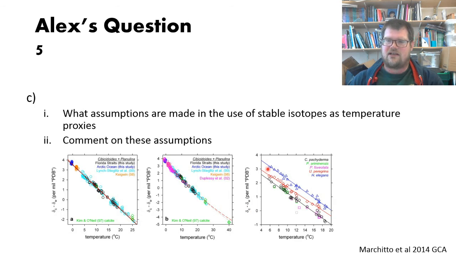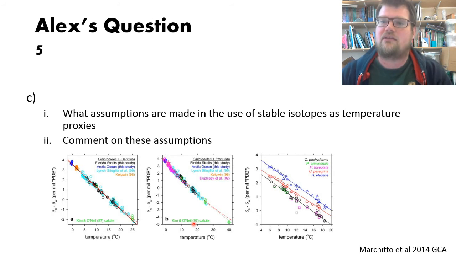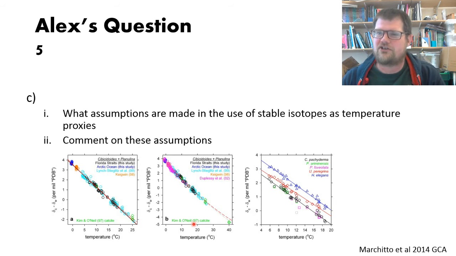And effectively, sometimes we have to do an empirical calibration. So rather than use the pure thermodynamic arguments, we have to go out and measure lots of stuff and draw a straight line through it, and then calibrate our difference in isotopes against temperature. Okay, so that might be some of the discussion of some of the assumptions that you could have put in.